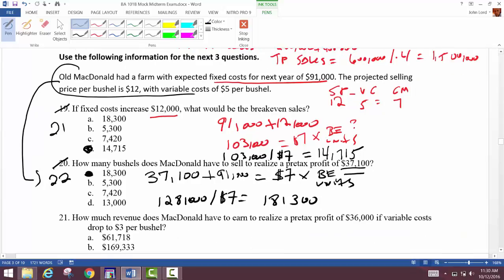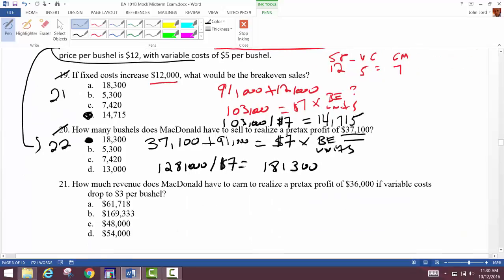All right. Number 21, what if I want a pre-tax profit of 36,000 and the variable cost per bushel drops to $3? Now I have to figure out a new contribution margin, don't I? Per unit, $12, and if it drops to $3, $12 minus $3 means I'm going to have $9 as my contribution margin per unit.